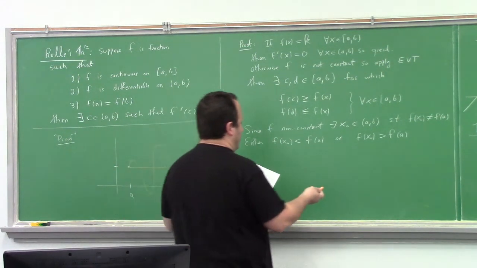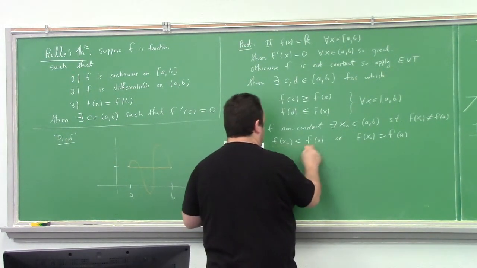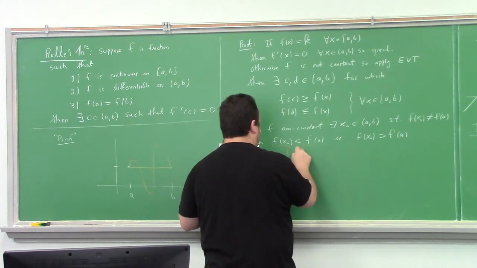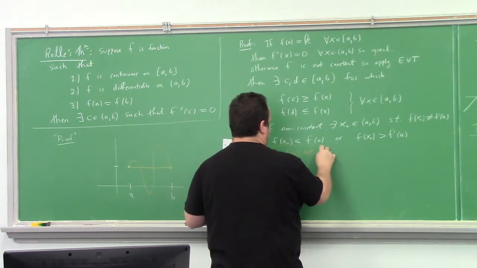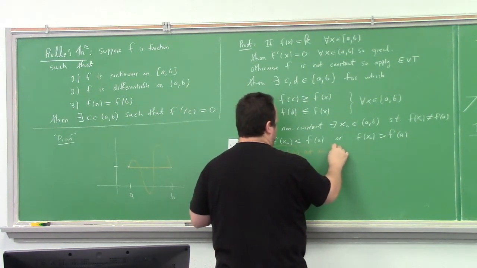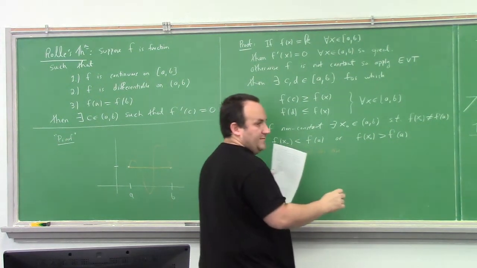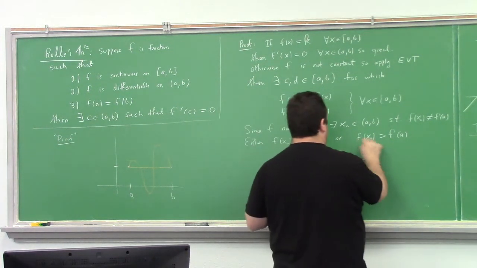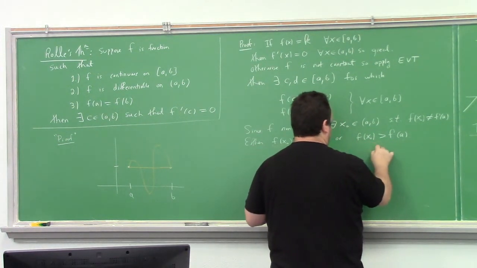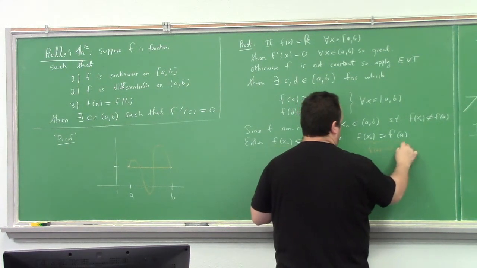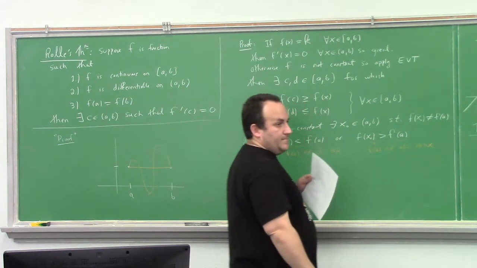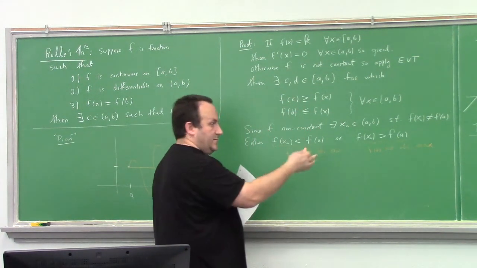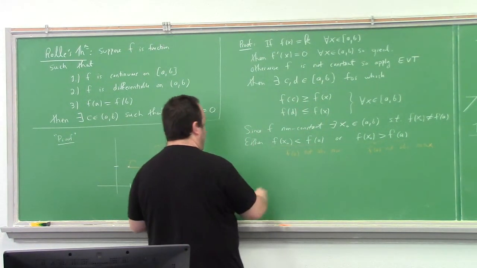I mean, this shows you that f of A is not the absolute minimum, right? This would show you that f of A is not the absolute maximum, right? So in particular, that means f of A is what?